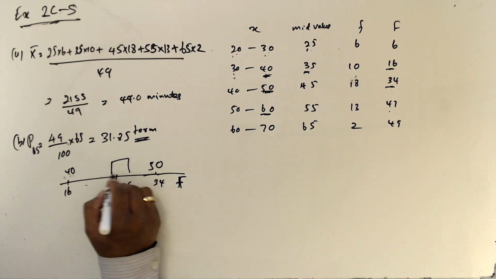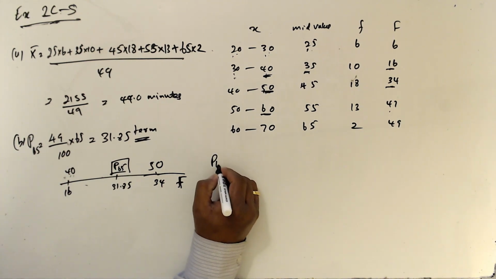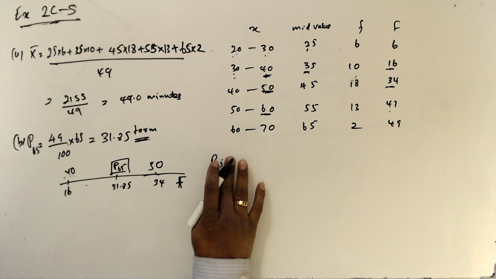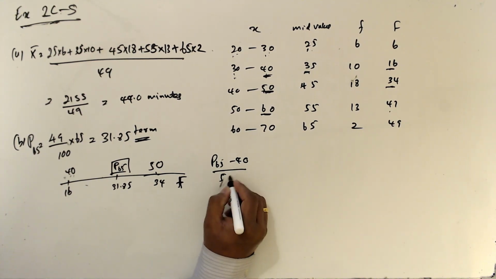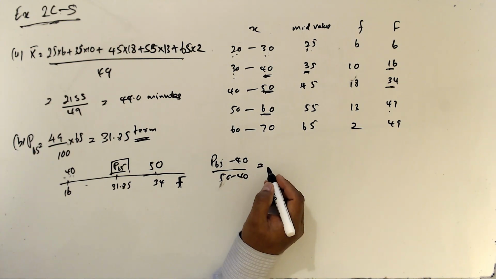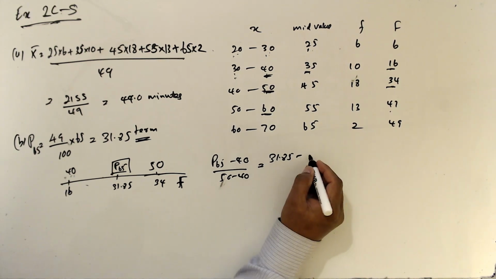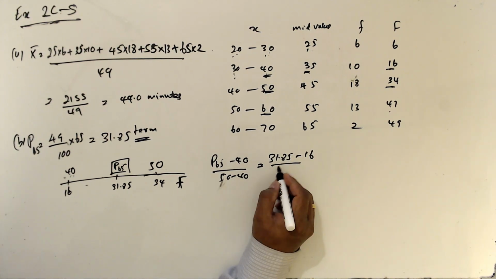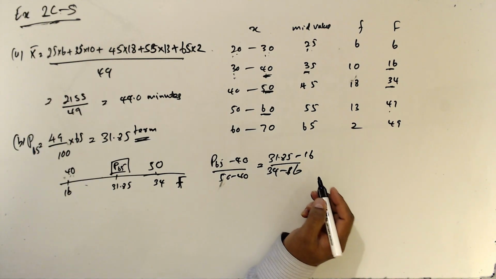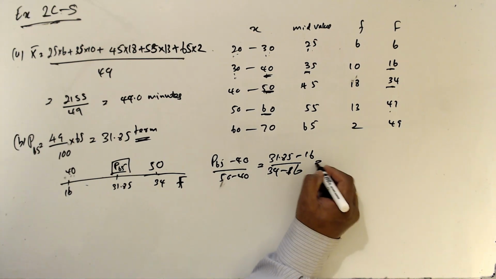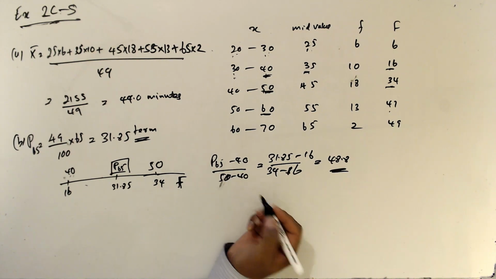Now I need P65. So by interpolation, P65 minus 40 over 50 minus 40 equals 31.85 minus 16 over 34 minus 16. P65 value is going to be 48.8. You have to simplify this one.